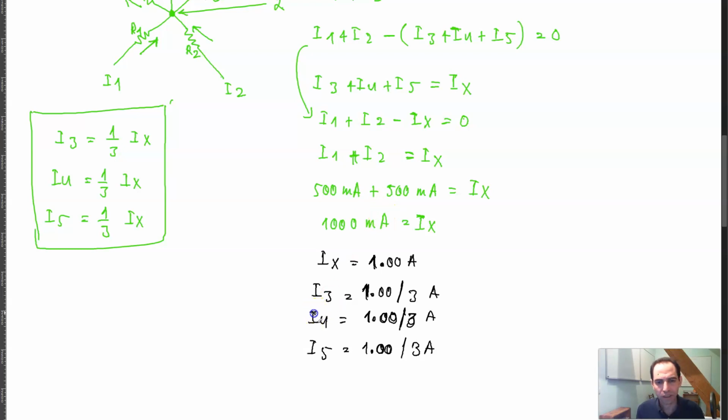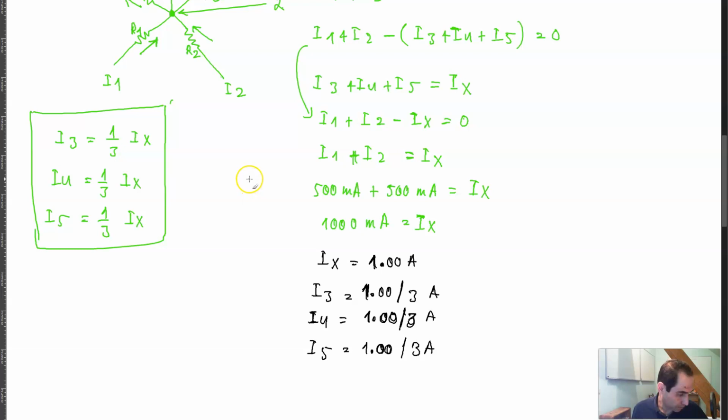It usually takes some time to get familiar with how to deal with these numbers. It's not a simple thing, but once you spend a little bit of time doing some problems in physics, in electronics, then you're good to go.